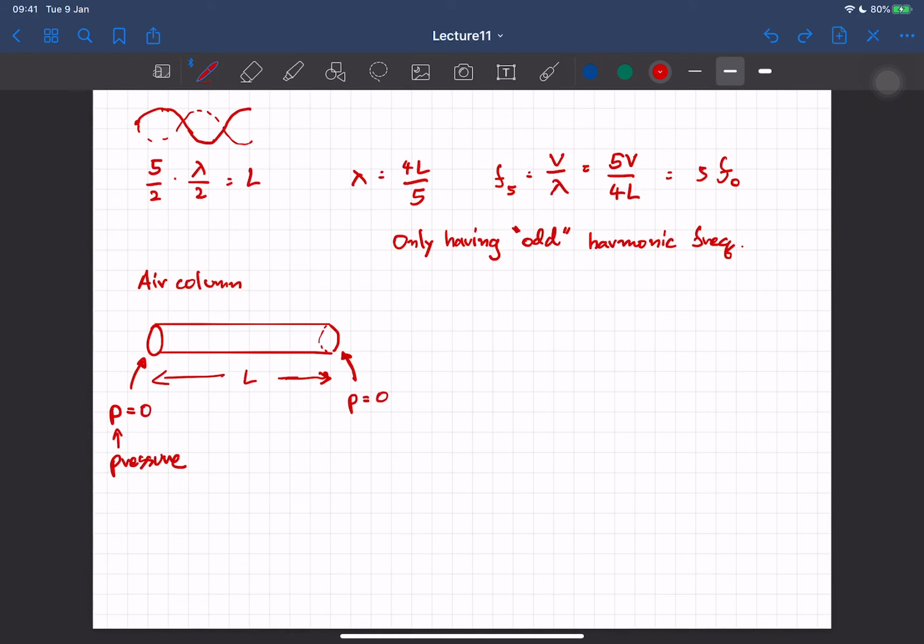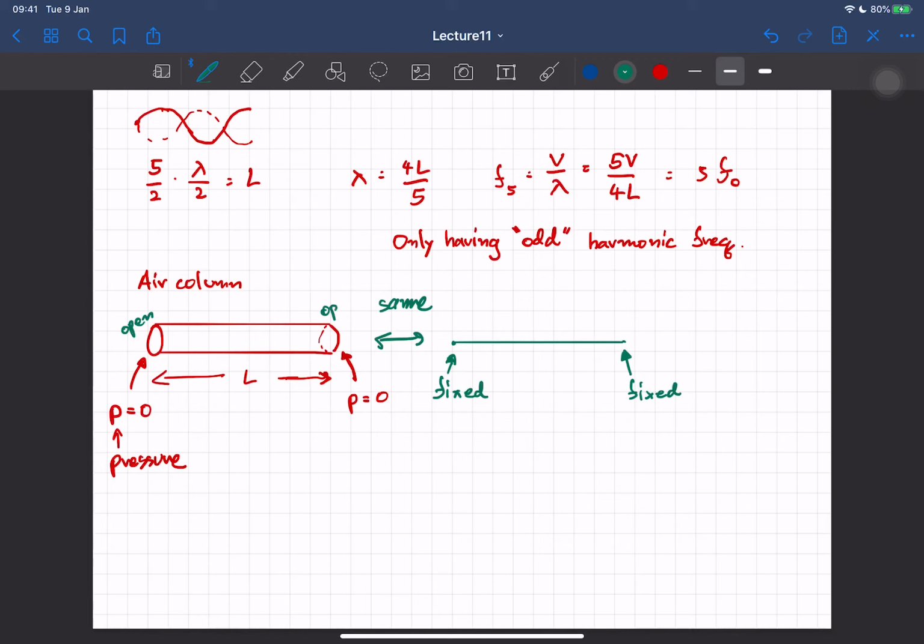Okay, so if P equals 0 on both ends, then in terms of physics, it's exactly the same as the case where the string is fixed at both ends. Fixed string, fixed end. This is also a fixed end here, and they are exactly the same. So everything you have learned applies in the case of this particular tube where both ends are open.